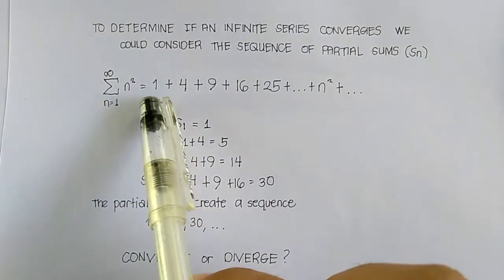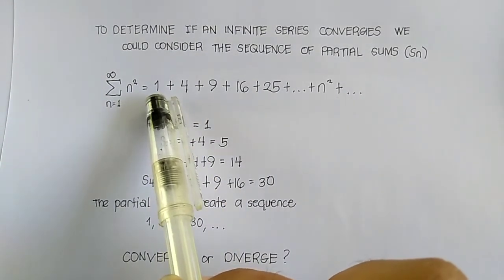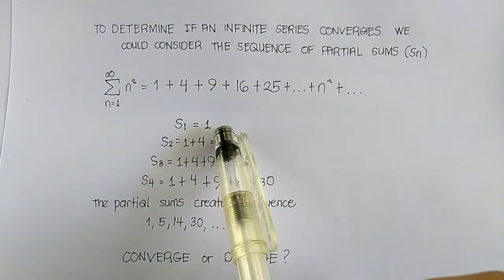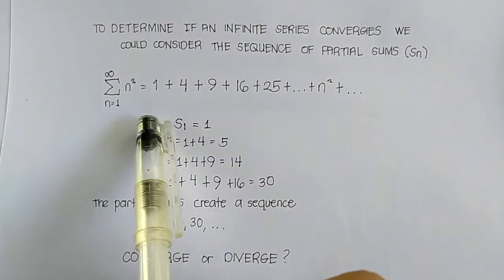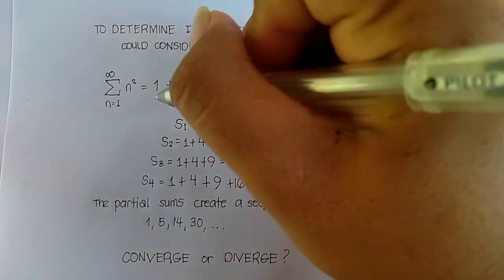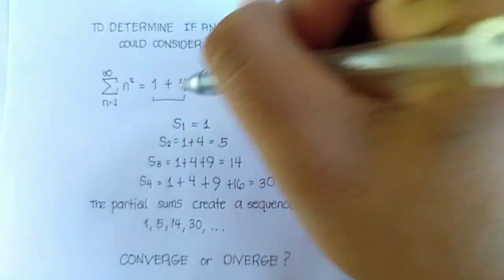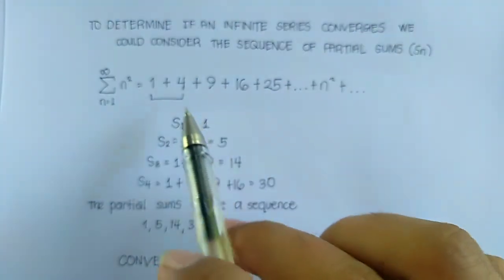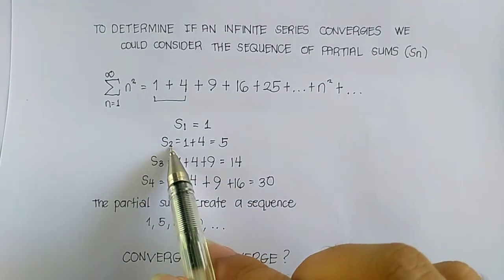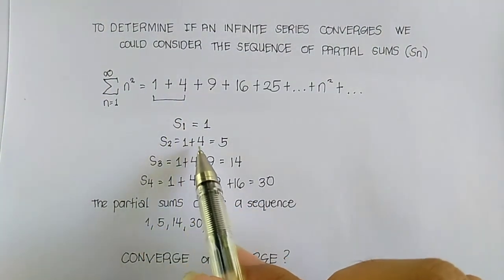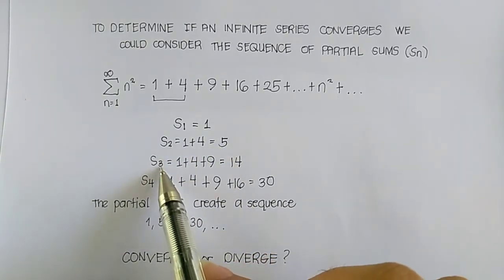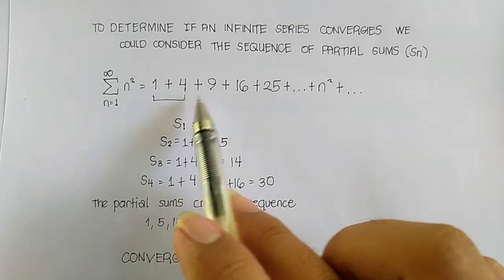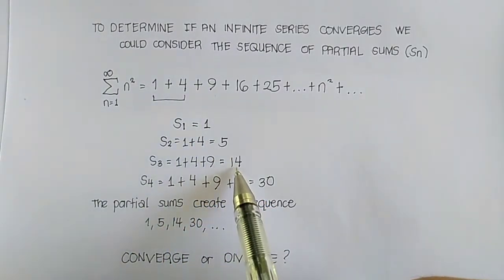Our first term is 1, right? So the sum must be 1. And then we take a look at the sum of the first two terms, 1 and 4. So s sub 2 is equal to 1 plus 4, which is 5. And then the sum of the first three terms, 1, 4, and 9, should be 14.